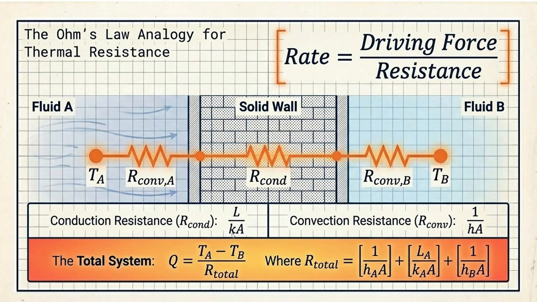So our total would be the summation of 1 upon hA into A, that is for fluid A, L upon kA into A, that is for solid wall, and 1 upon hB into A, that is for fluid B. Keep in mind these A are surface areas, not associated with fluid A.